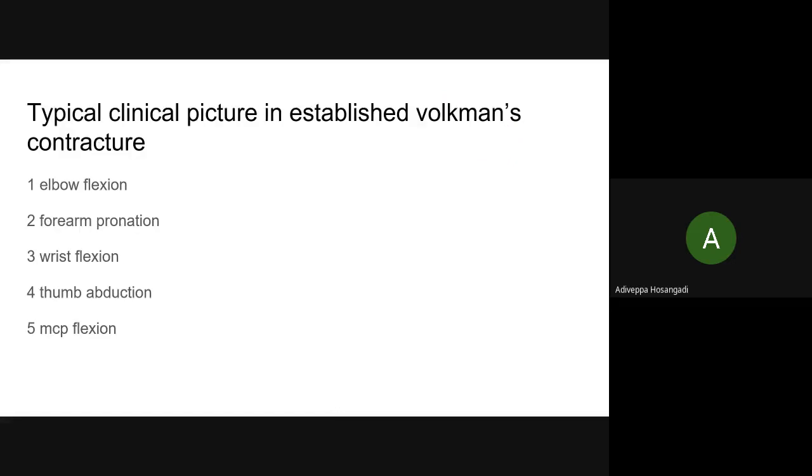Typical picture in established Volkmann's contracture. Remember this, very, very important. See, in such questions, you can do it on your own upper limb: pronated forearm, wrist flexion, thumb abduction, MCP flexion.